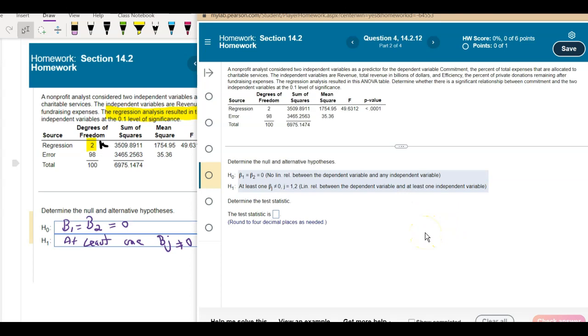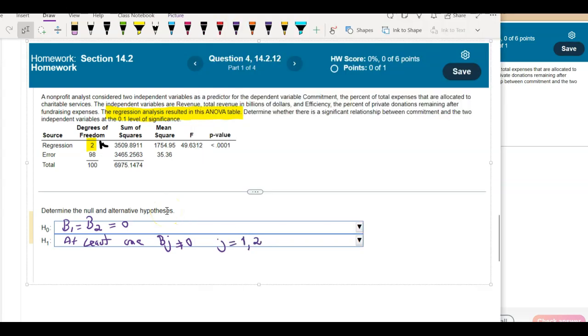Now we are looking for the test statistic, and the test statistic is the value F right here. This is what we call the F stat, and we can read it right away from here. It is 49.6312.